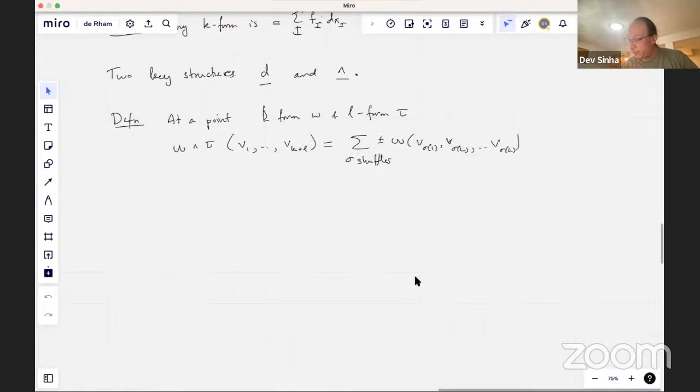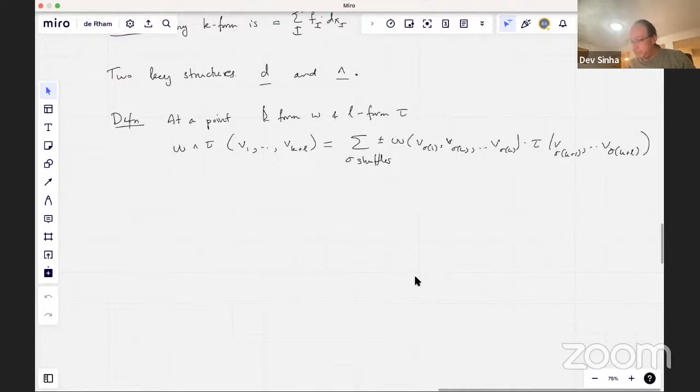And there's going to be signs of these shuffles. And then I'm just going to let omega and tau do their thing, that is, evaluate on those shuffled sets of vectors. Okay.